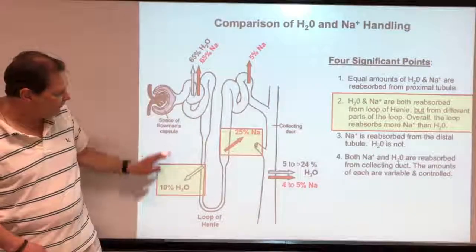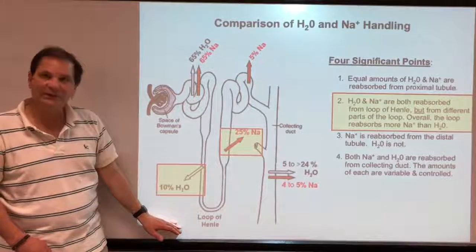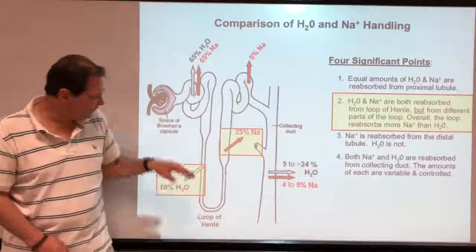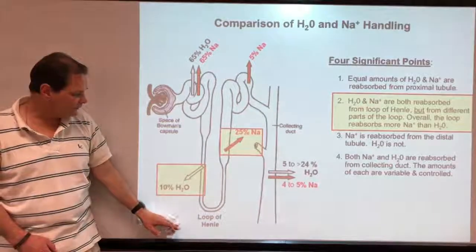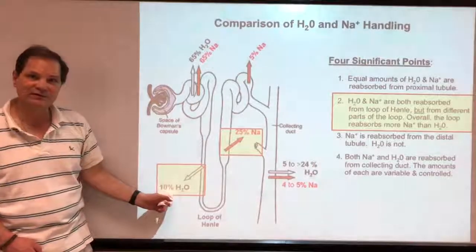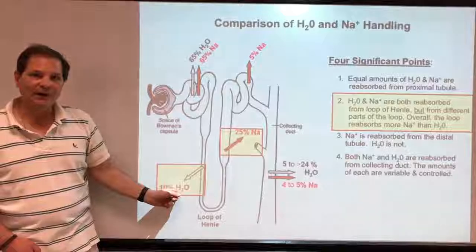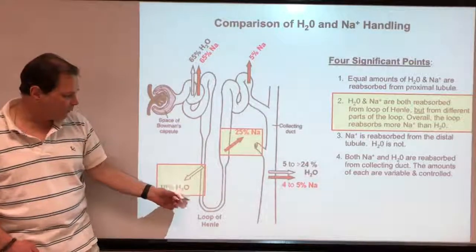And as you know, the medulla becomes more concentrated as you get down into the medulla. So as the osmolarity gets higher as you go deeper into the medulla, water will naturally diffuse from the tubular fluid into the medulla, and you will reabsorb water.